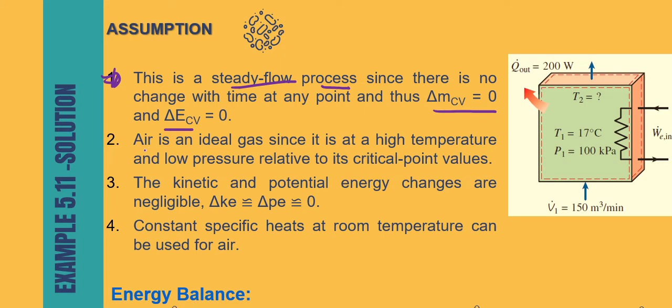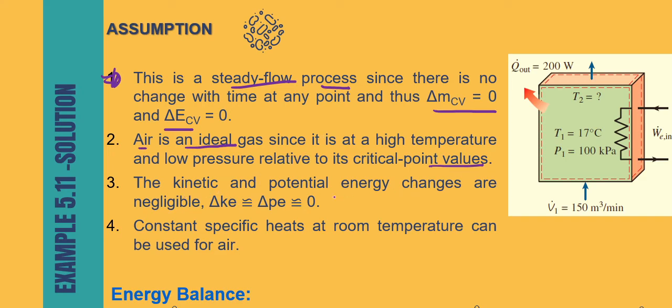Given air is heated, air you assume to be an ideal gas, because if you check the operating pressure and temperature, the temperature is high and the pressure is low relative to its critical value. So we assume it's an ideal gas.